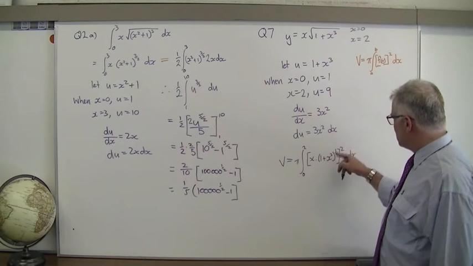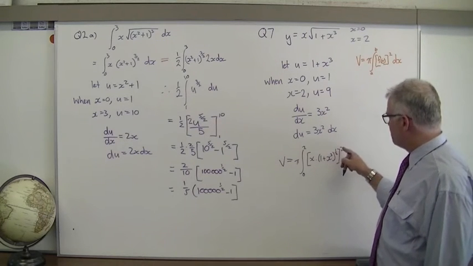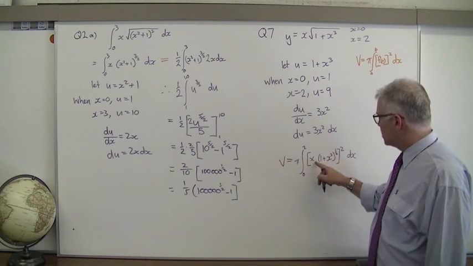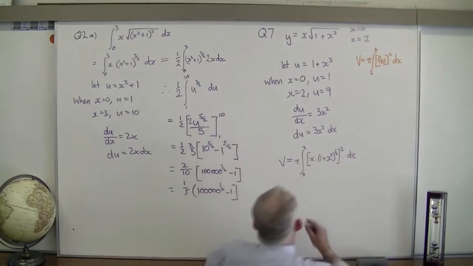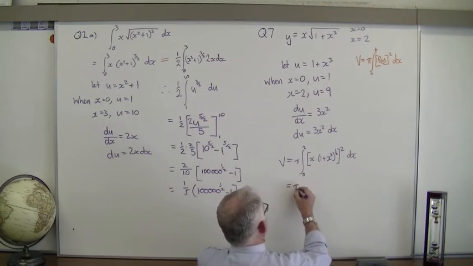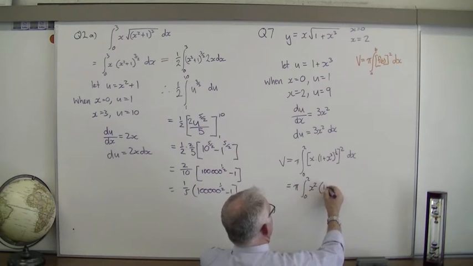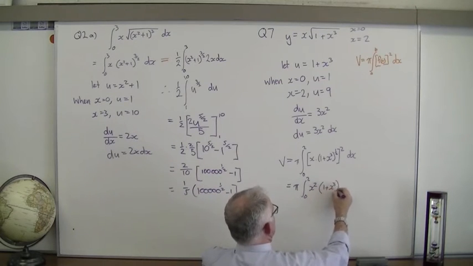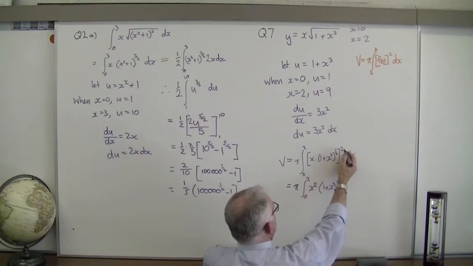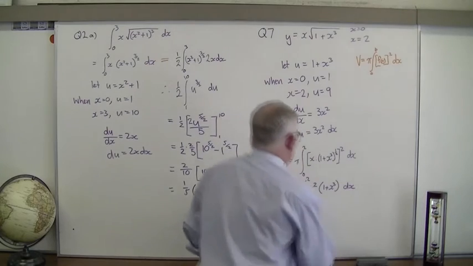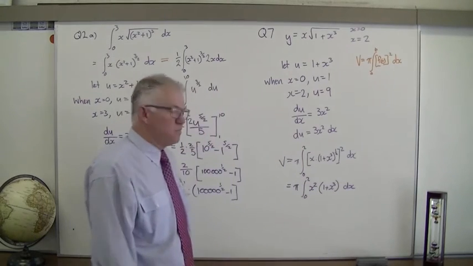Let's get rid of this power here. It's not hard to get rid of that power because there's a multiplication sign there. Harking back to your index laws, from 0 to 2, that will be x squared outside of 1 plus x cubed, and a half times 2 is 1, so that just becomes that expression there.